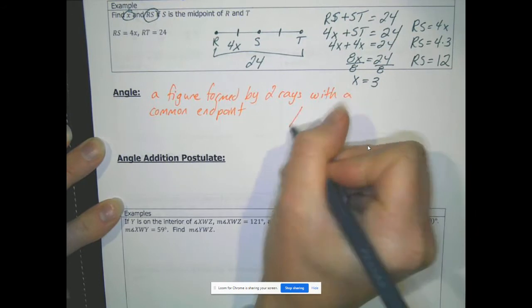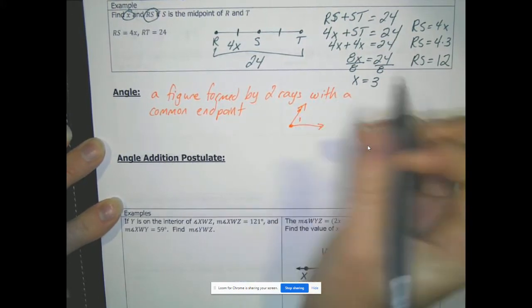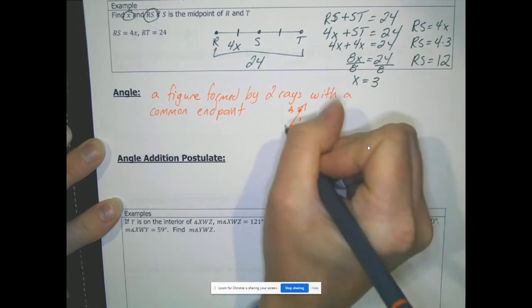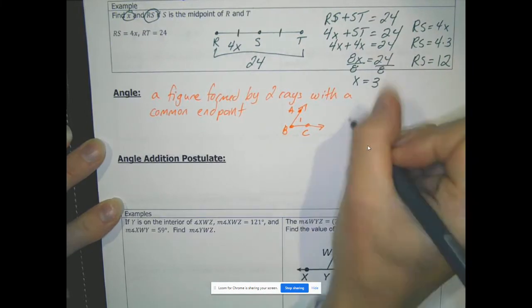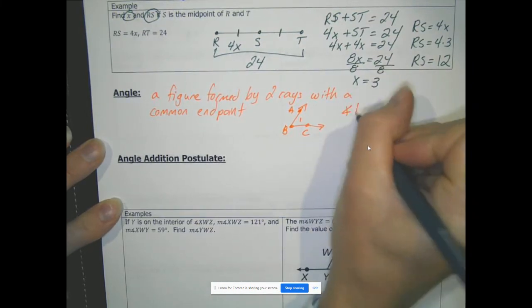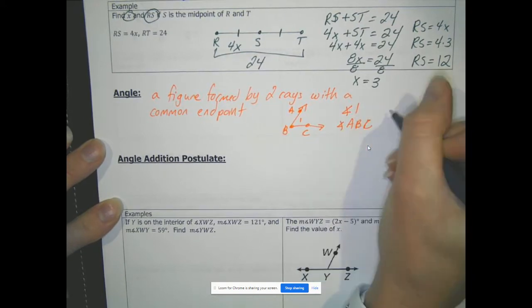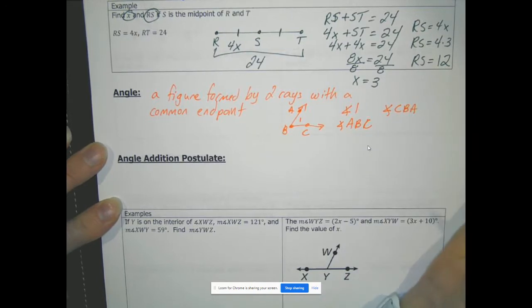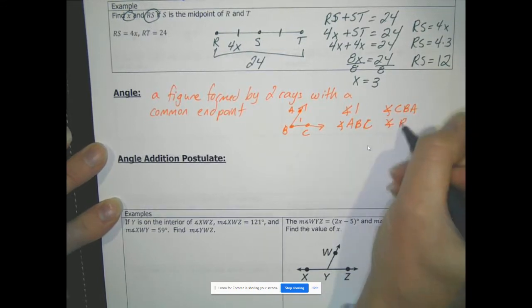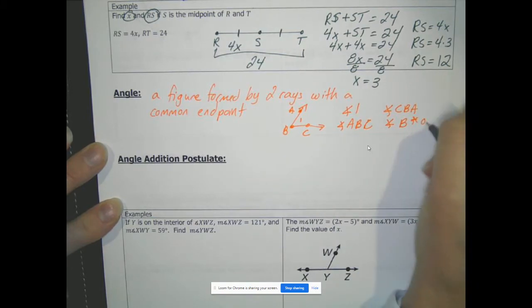Okay, so this right here, I'm going to name this A, B, C. Okay, this is angle 1 or angle ABC or angle CBA. You could also call this angle B, but that's only true because there's only one angle pictured.